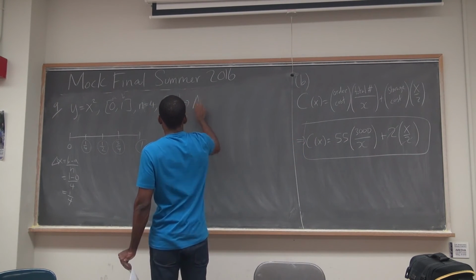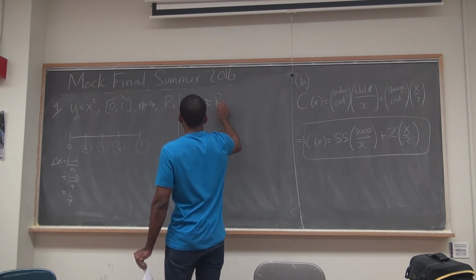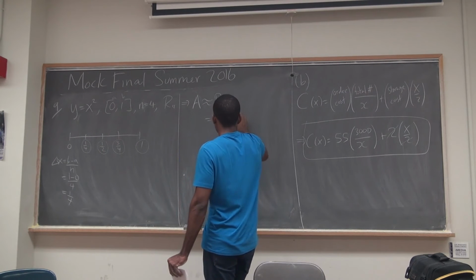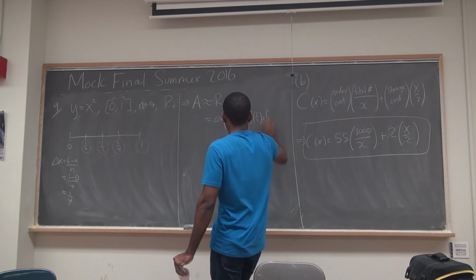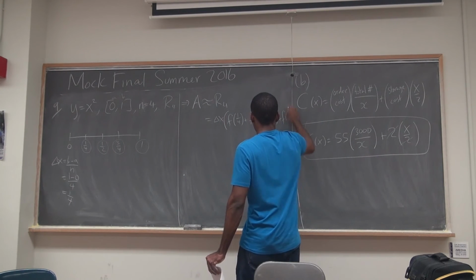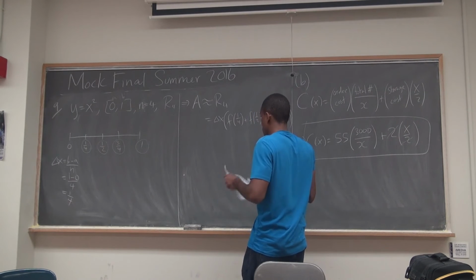This means that my area is approximately equal to R4, which would be equal to delta x times f of a quarter plus f of half plus f of 3/4 plus f of 1.